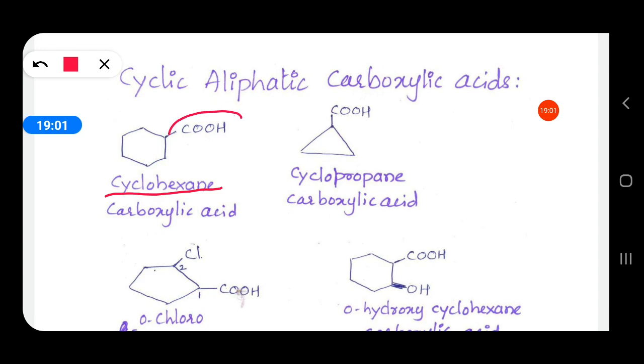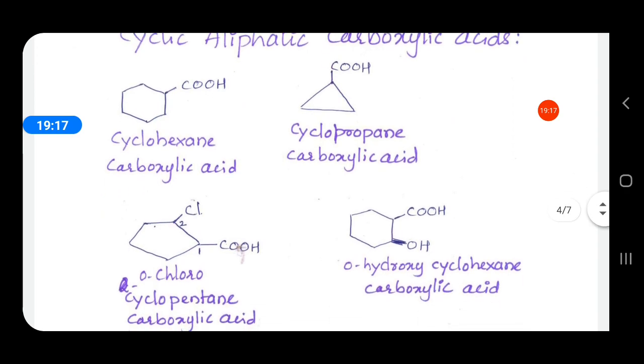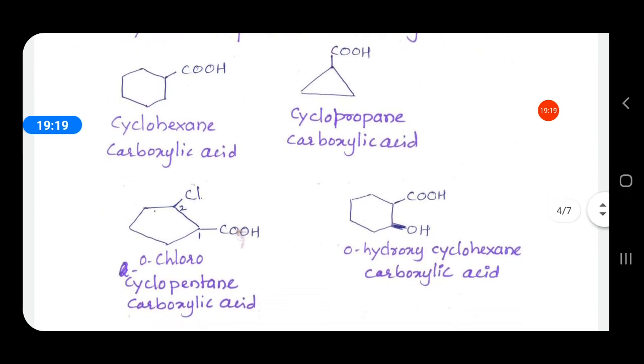And the functional group carboxylic acid is written as a suffix. So it is cyclohexane carboxylic acid. Cyclopropane carboxylic acid. So like that, cyclo is added as a prefix with the name.